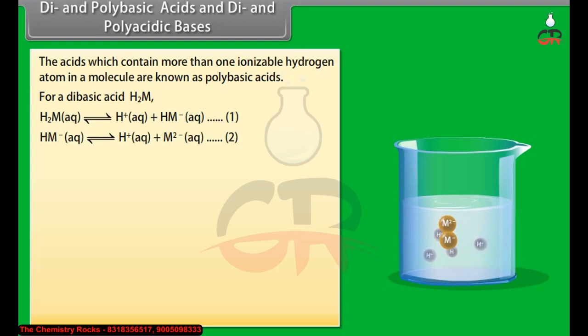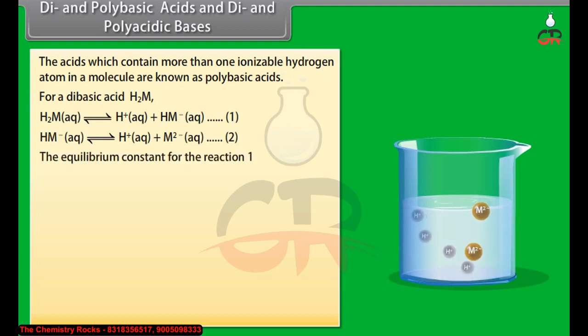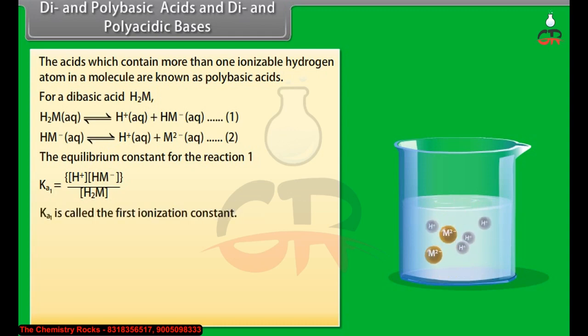The equilibrium constant for reaction 1, Ka1, is equal to H plus into HM minus by H2M. Ka1 is called the first ionization constant.